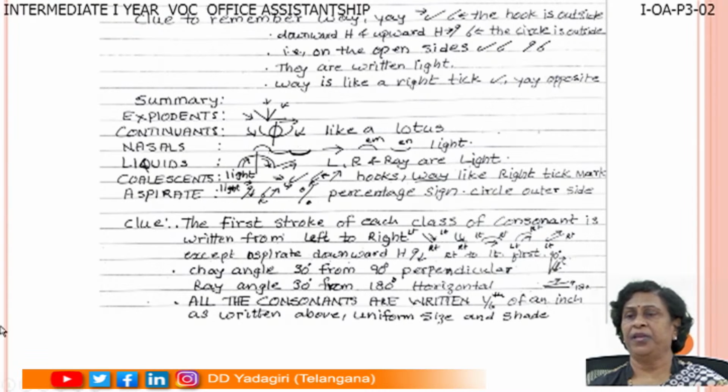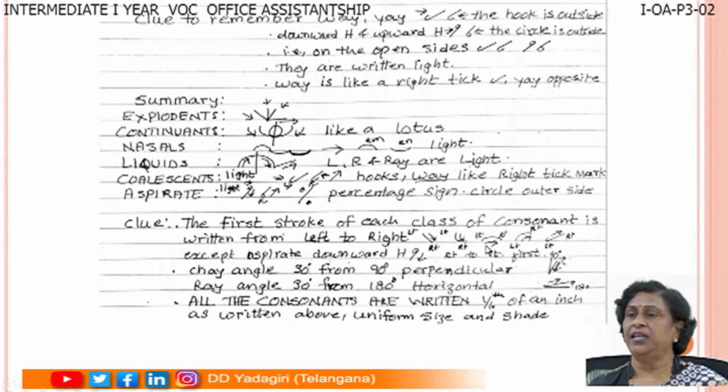Isn't it easy? Okay. Another small clue I'll give you to remember while writing, the points you have to follow. The first stroke of each class of consonant is written from left to right. That is, PB is left to right, and the second classification, the first consonant is FV, so that is also written left to right.